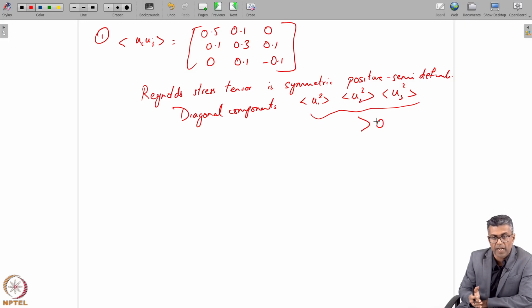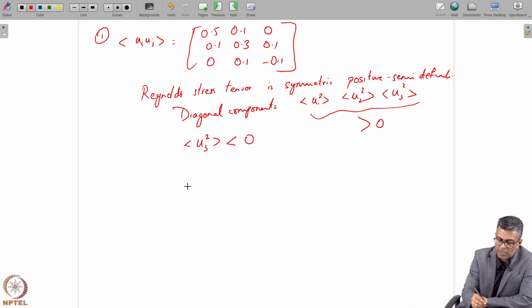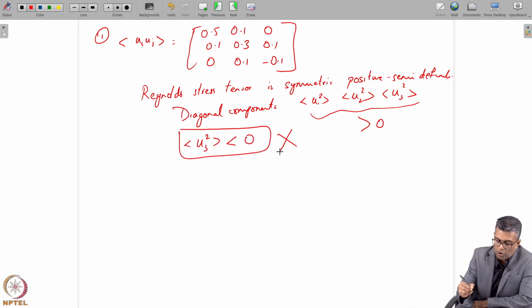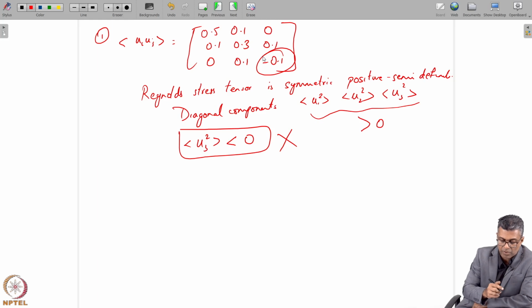So now you can easily identify, because u3 squared average seems to be less than 0. This is wrong. This cannot be the case. Right here is your culprit, minus 0.1. That cannot be the case. So that's your mistake in the way the Reynolds stress tensor is written here. Let's look at the second one.